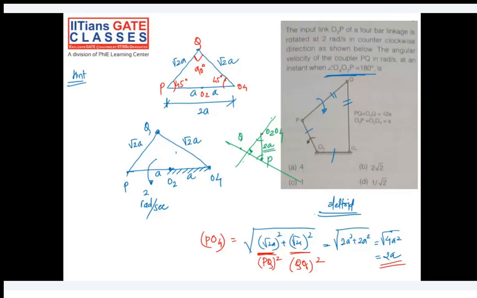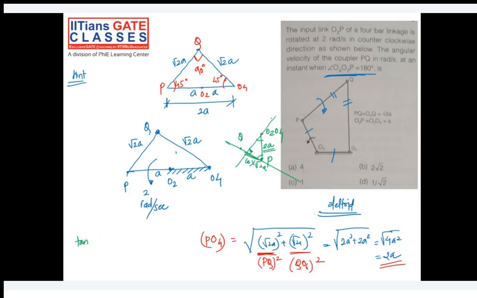So base is what you have to calculate. Here it will be omega times length of PQ, which is root 2A. So sine of 45 degree is equal to 1 by root 2, sorry, tan of 45 degree is 1. Correct? Tan 45 you can use.